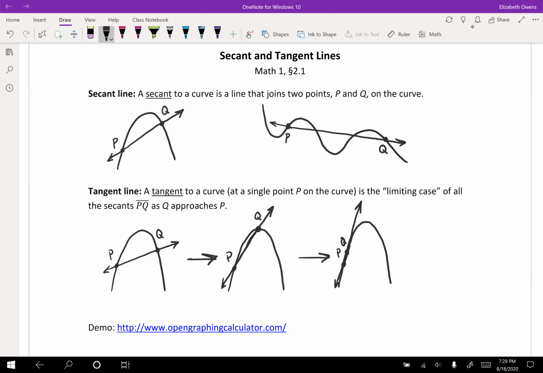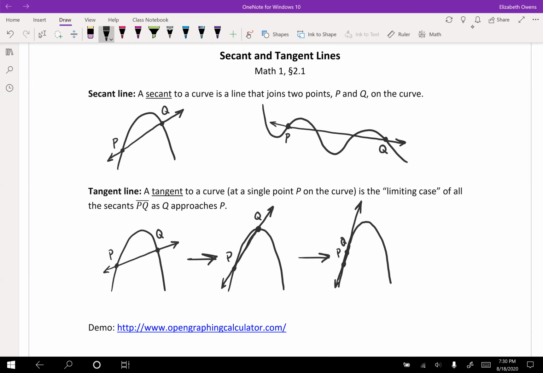secant line. Now, in order to get ourselves a tangent line, we have this idea of it being the limiting case. And so the ultimate closeness that can exist between these 2 points, P and Q, as Q is approaching P, the ultimate closeness, or the limiting case of closeness between those 2 points, would be where they're actually sitting right on top of each other.